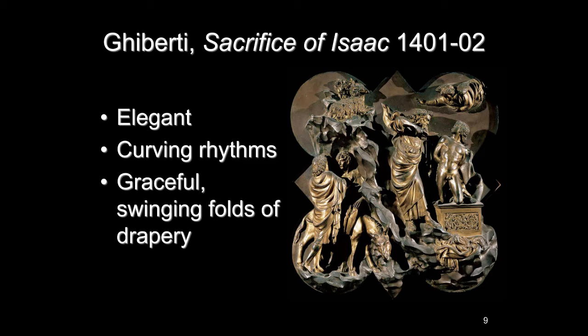We have one of the figures with his back turned to us to suggest even more space, with this beautiful swinging drapery. You can see more of that with Abraham. Abraham is in a kind of arc, a kind of curve as he leans over, and the draperies wrap the body, but they have a beautiful curving rhythm all of their own.